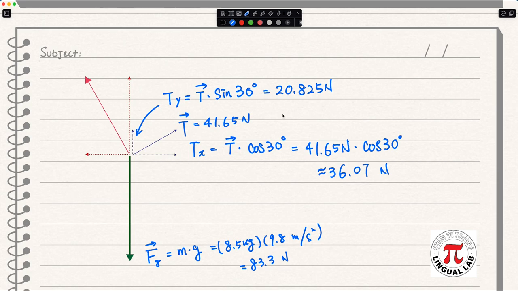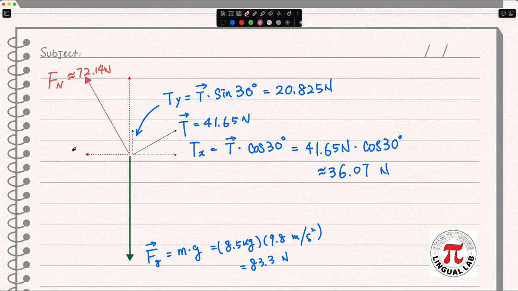That was the tension force. Now we want to check the normal force. The normal force we calculated earlier was 72.14 Newton.